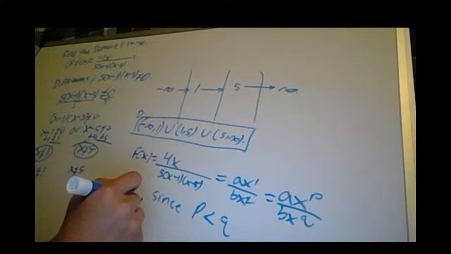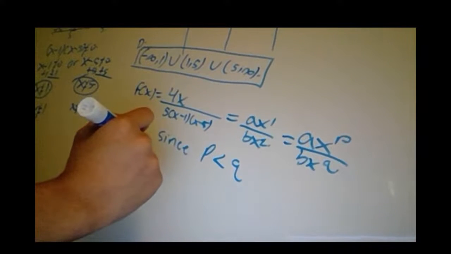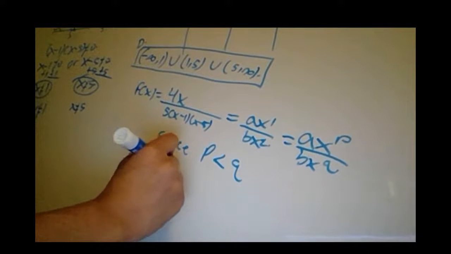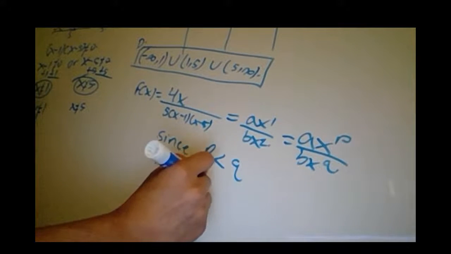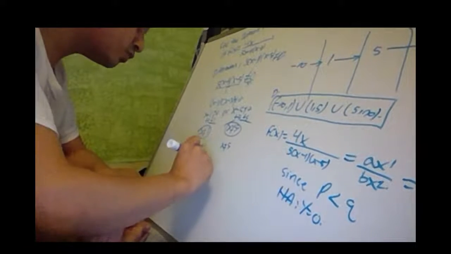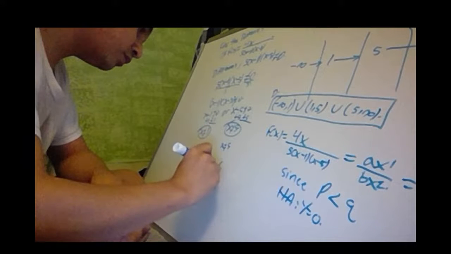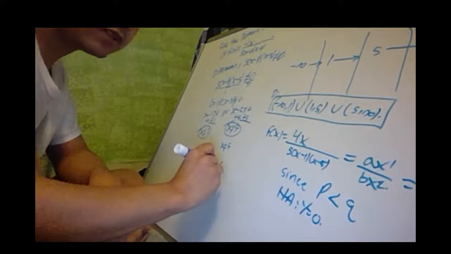we're going to have basically the horizontal asymptote would be y equals 0. So the range would be from negative infinity, and I hope y'all can see that.